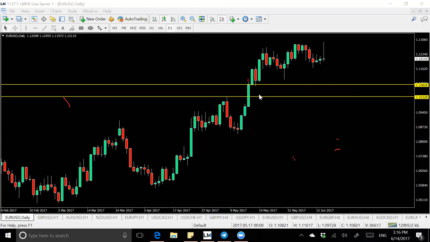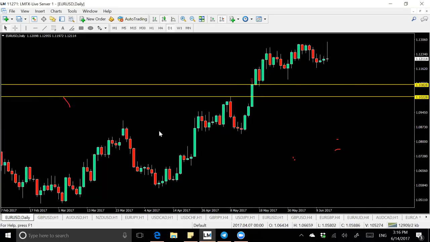Another thing, whenever you see an area like this, let me show you. Can everyone still hear me? All right. So first criteria I like to check, you need to see a big candle break through the level.